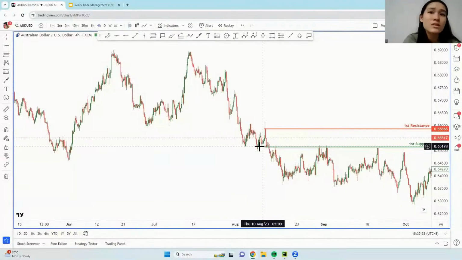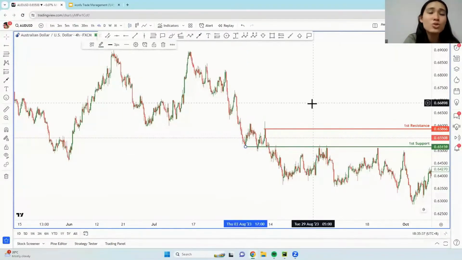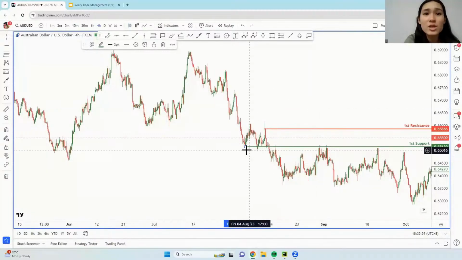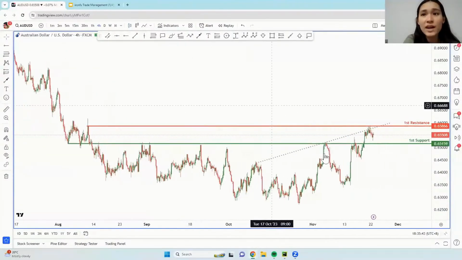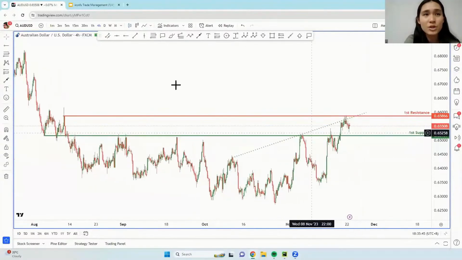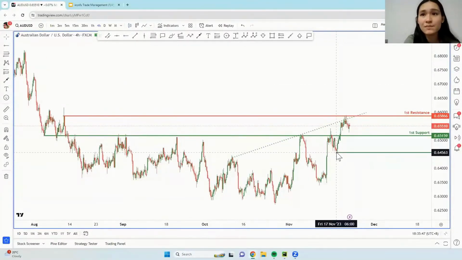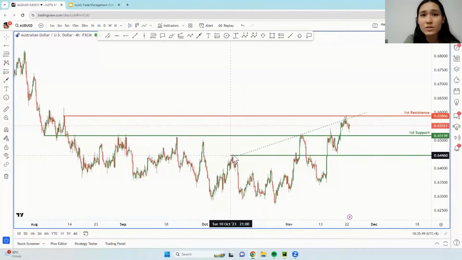But you don't want to cut through too many bodies of candlesticks. If you just cut the wicks like we see over here, just the wicks are fine. But preferably not the bodies of candlesticks.